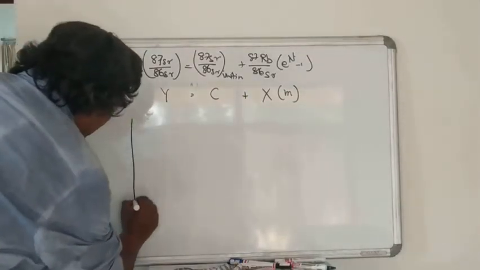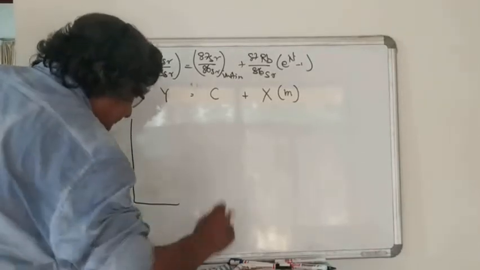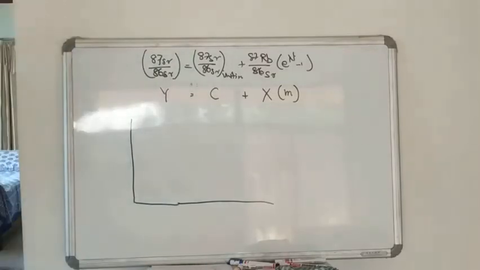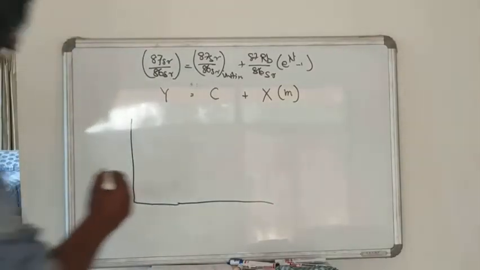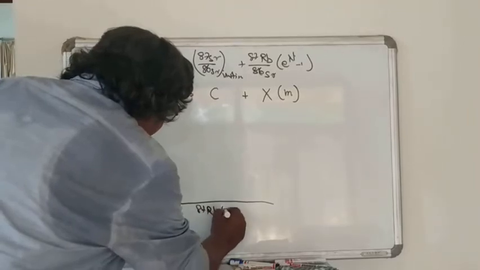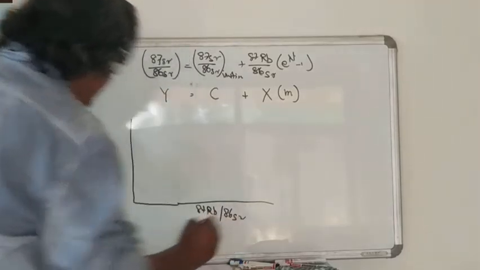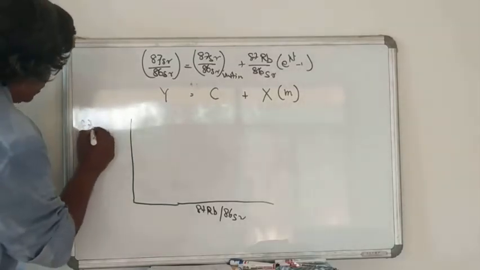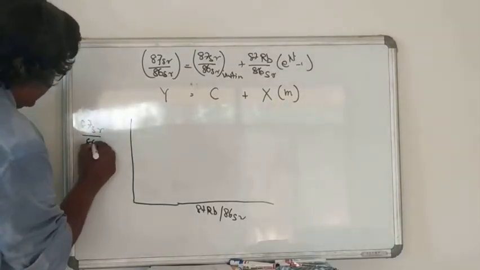We take a graph. This is the x-axis, 87 rubidium by 86 strontium, and on the y-axis you have 87 strontium by 86 strontium.